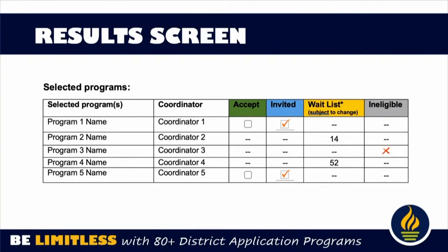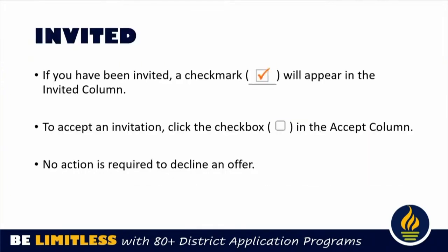If you are ineligible, you're going to see a check mark there. If you are invited, on that column where it says invite, you're going to see a check mark. That'll let you know that you're being invited to that program. To accept it, you just go into that accept column and you click the accept box. If you wish to decline an offer, you do not need to do anything. You can sign out at that point and you're finished.